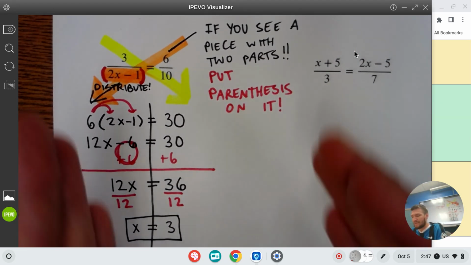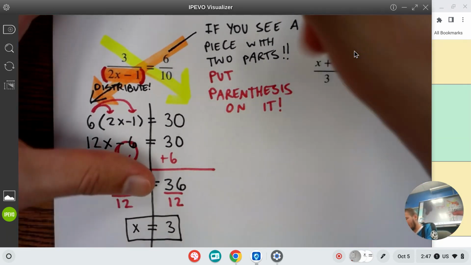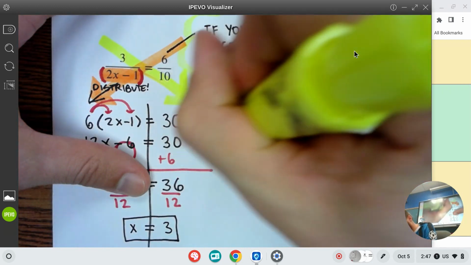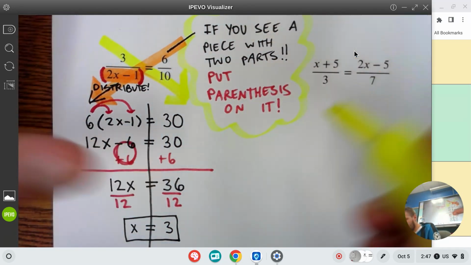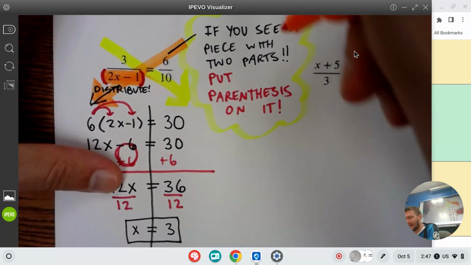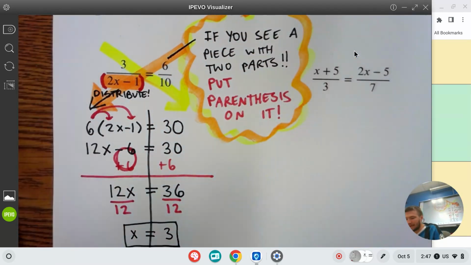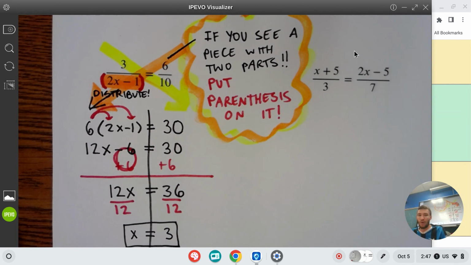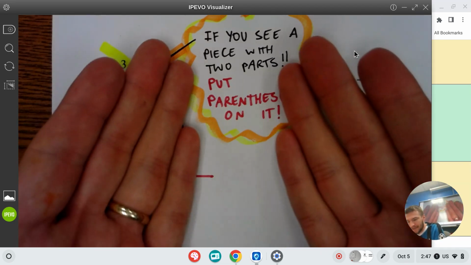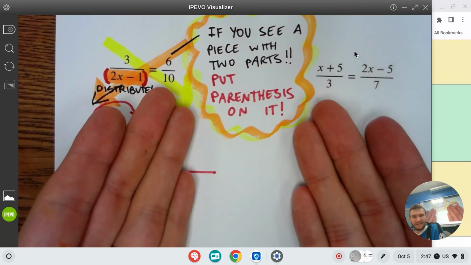So, pretty much the only thing that's not common sense today is this part right here. If you see a piece with 2 parts, put parentheses on it. And if you raise your hand and you say, Mr. Collier, I don't know what to do, I'm going to say, do you see a piece with 2 parts? Put parentheses on it.